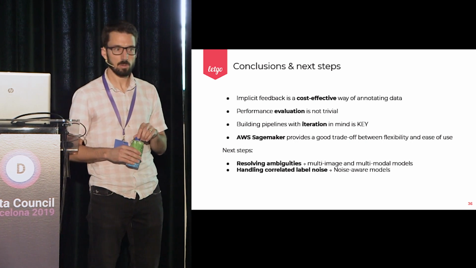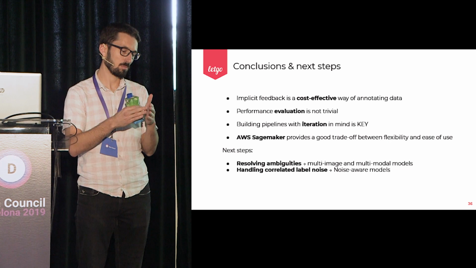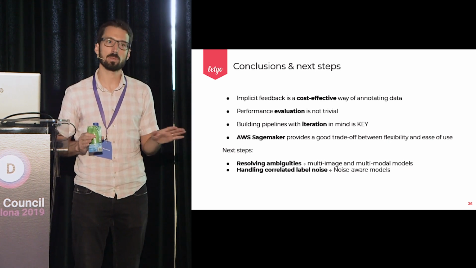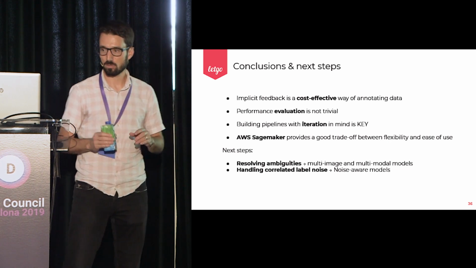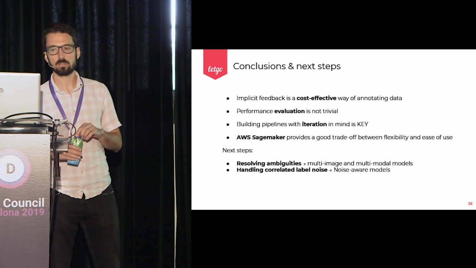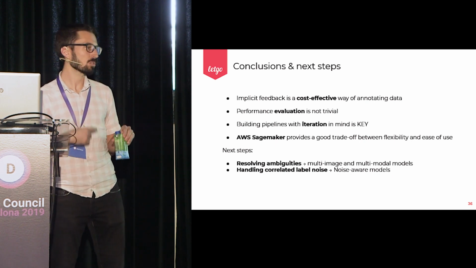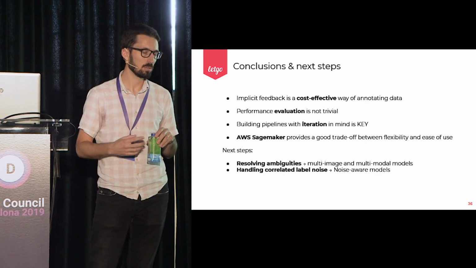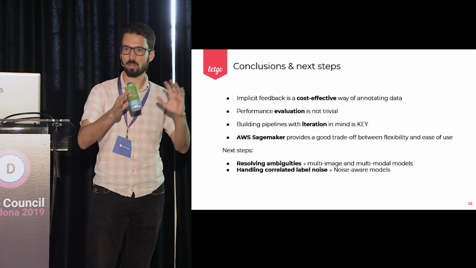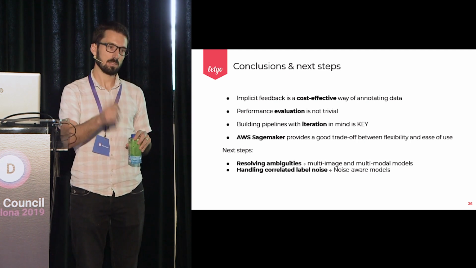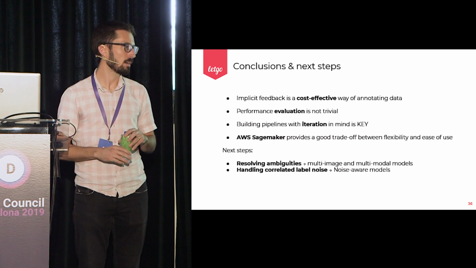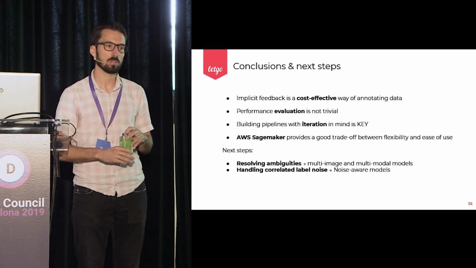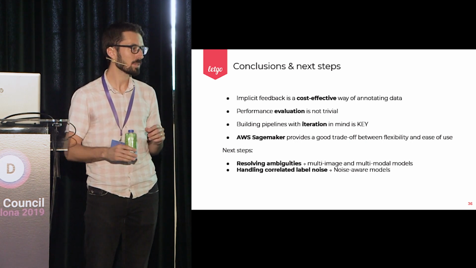Another point is that performance evaluation of a model with so many classes is not trivial at all, and you have to think and experiment quite a lot to get it right, which means that you also need to be able to iterate. So the days of building your model in a Jupyter notebook and versioning by changing the suffix in your notebook file name are over.